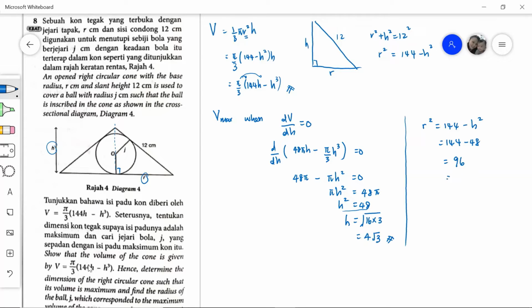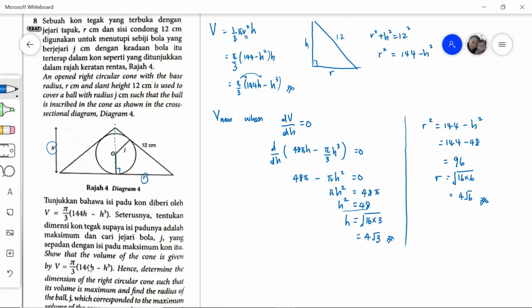And 96 can be written as 16 times 6. Therefore, r will be the square root of 16 times 6, which is 4 root 6. So we found the height and the base radius of the cone.